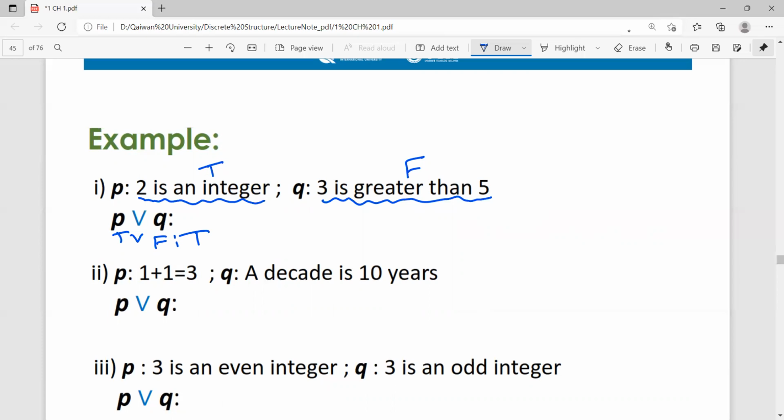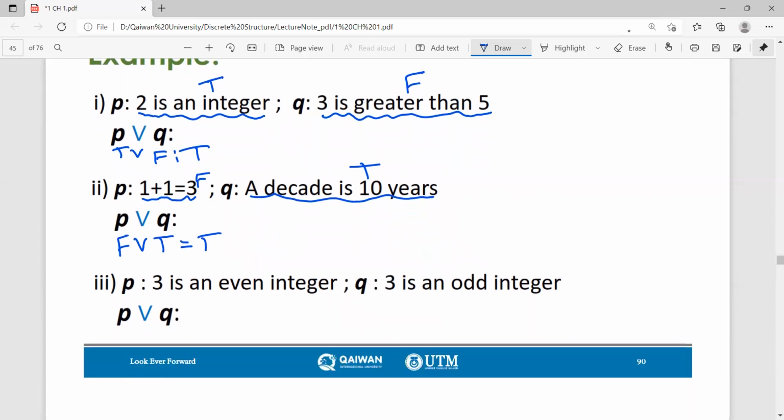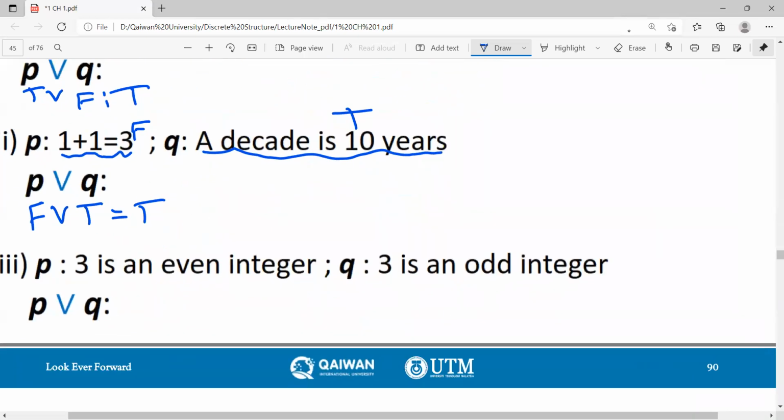The second one, we have 1 plus 1 is 3. This is false because 1 plus 1 is not 3, it's 2. The second one is a decade is 10 years. Yes, that's true. So you have false or true, and the result is true. Here it says 3 is an even integer.